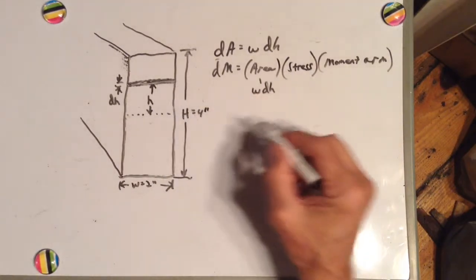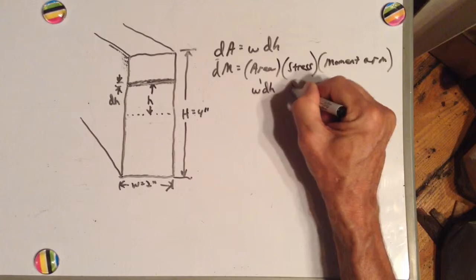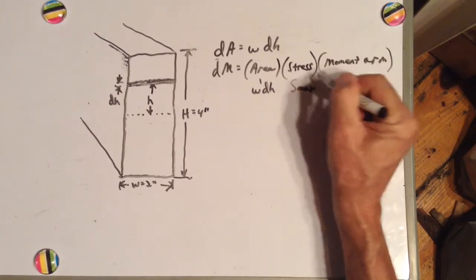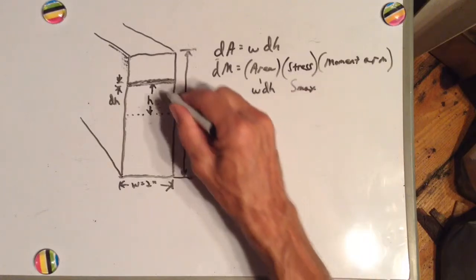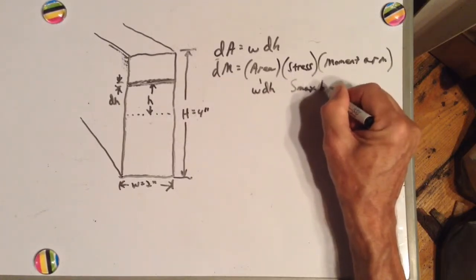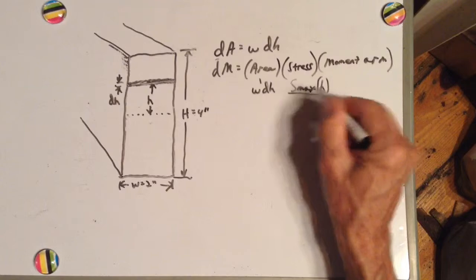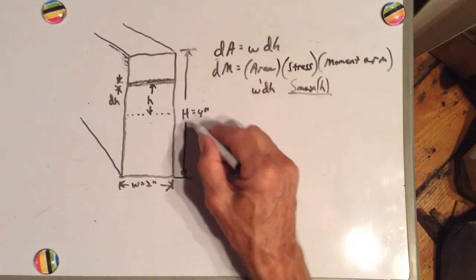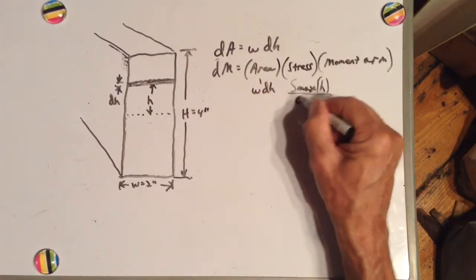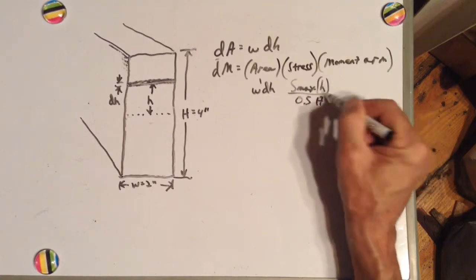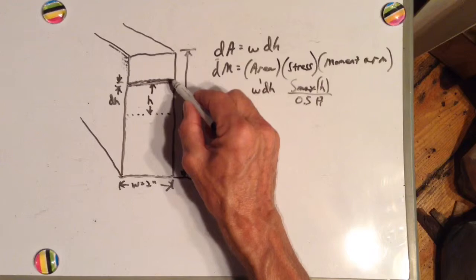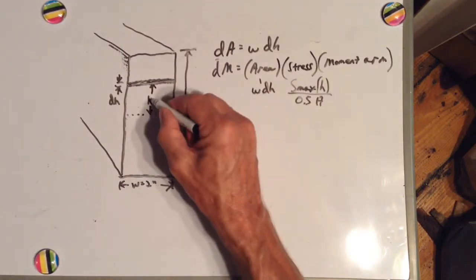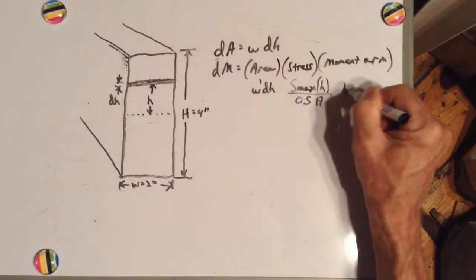So the stress at the sliver is maximum stress times the distance there, which is h, divided by the distance there, which is 0.5 times capital H. Okay, now the moment arm, the distance between our sliver and our centroid, is just simply lowercase h.